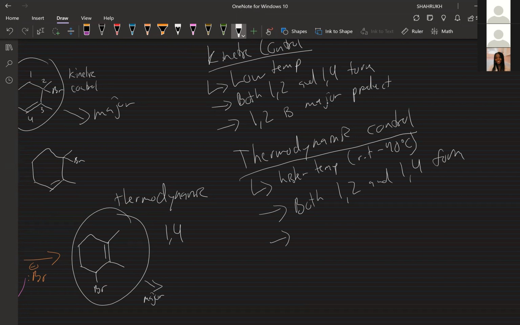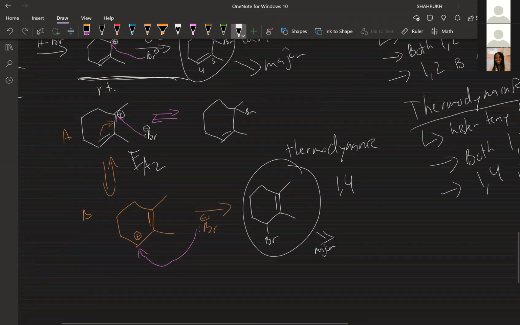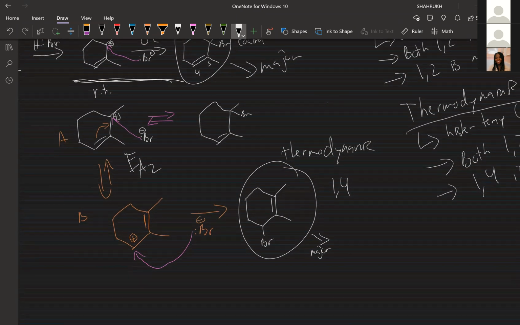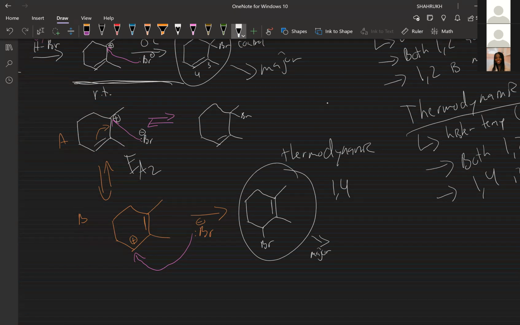But now the 1,4 is the major product because we have enough energy in the system to go that pathway. So once again, that orange pathway takes more energy, because the alkene has to switch positions. So that barrier of energy is higher, but the final product will be lower in energy.